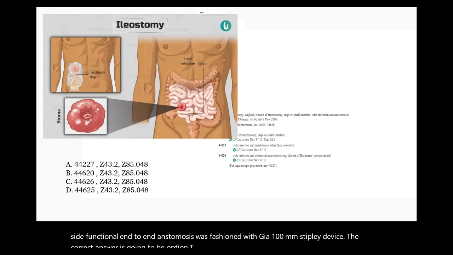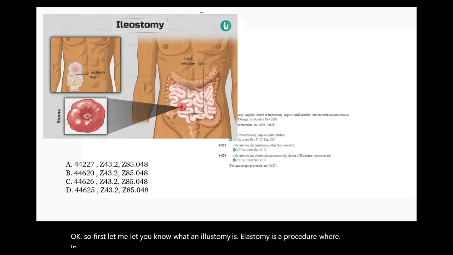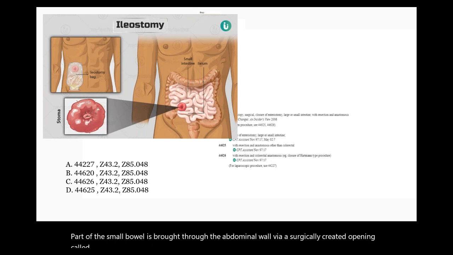Okay, so first let me let you know what an ileostomy is. An ileostomy is a procedure in which the lumen of the ileum, part of the small bowel, is brought through the abdominal wall via a surgically created opening called a stoma. So you can see what an ileostomy is.